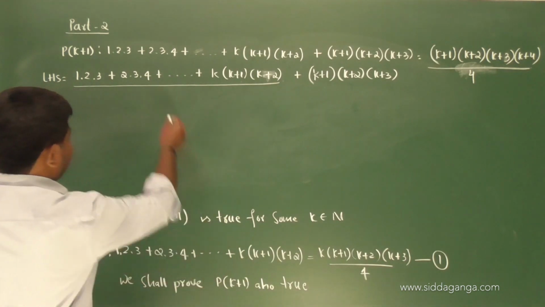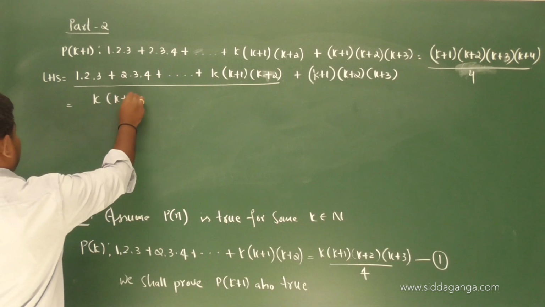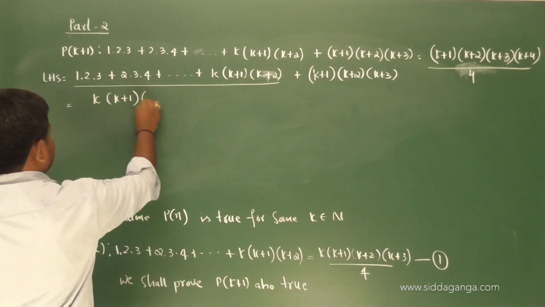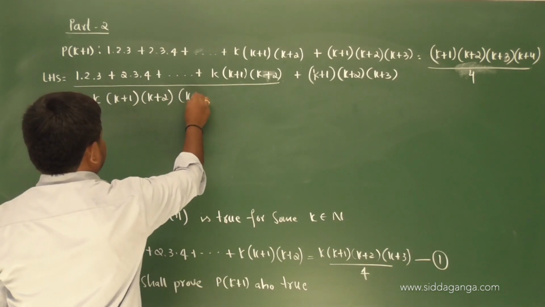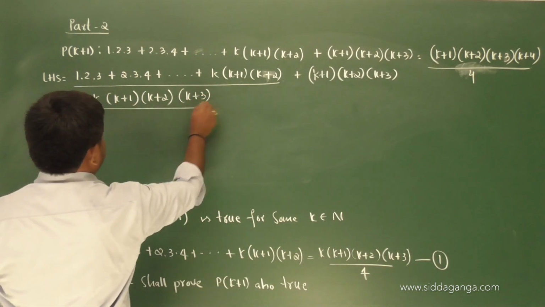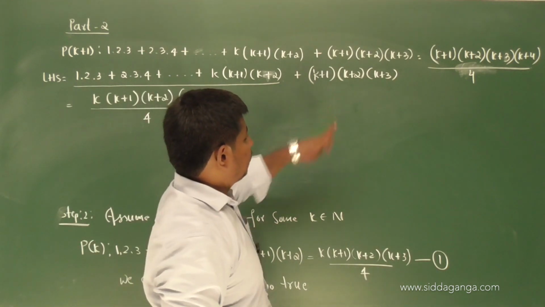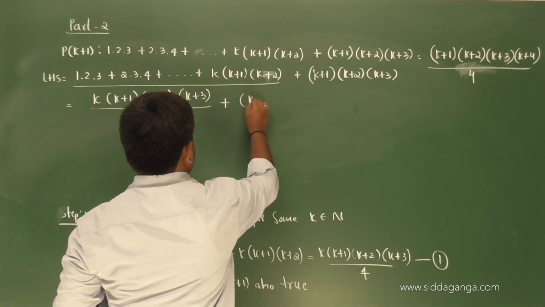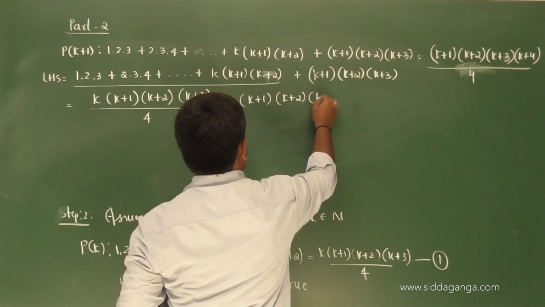Let me replace this by k into k plus 1 into k plus 2 into k plus 3 by 4 plus, so k plus 1th term is given by what? K plus 1 into k plus 2 into k plus 3.